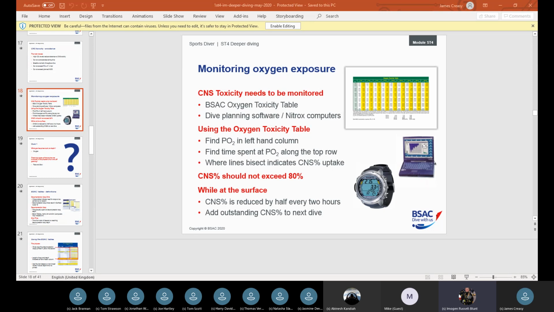So oxygen, and do you know what the name is for the toxicity of oxygen? I presume you've all got a book in front of you as well, and I presume it's in there. It's hyperoxia. Hyper, too much, and then oxia, oxygen.